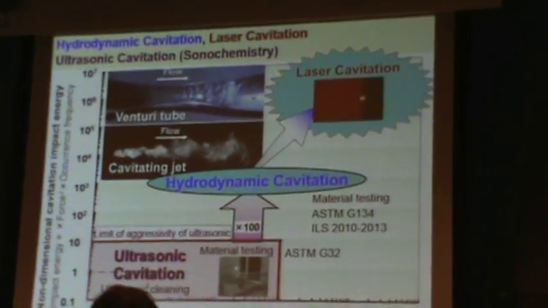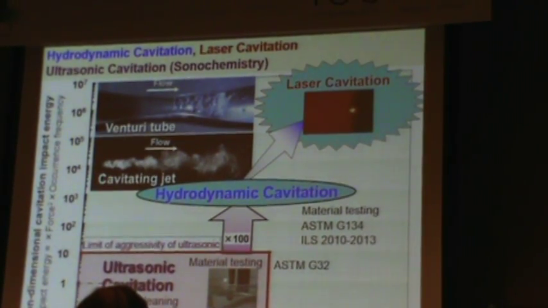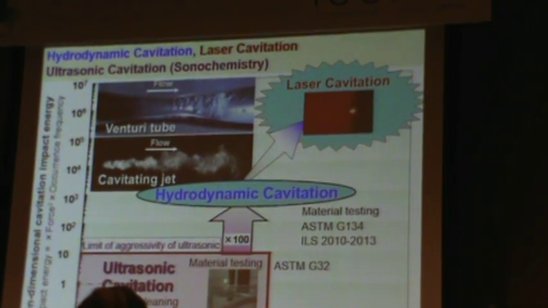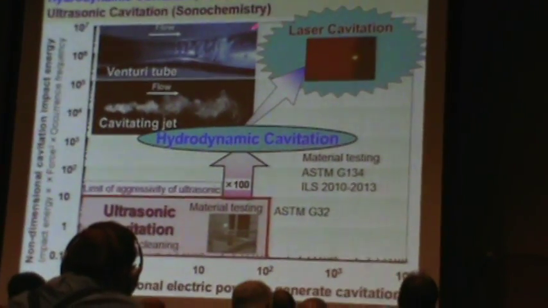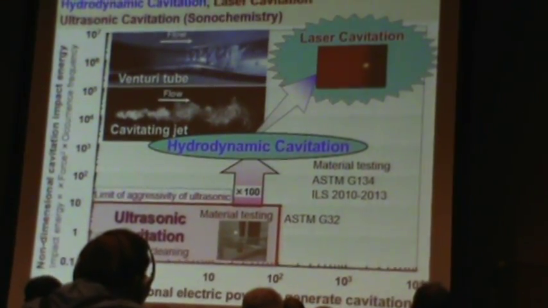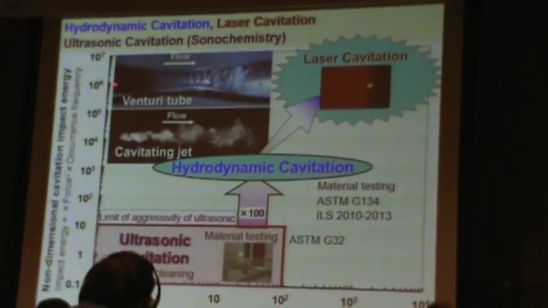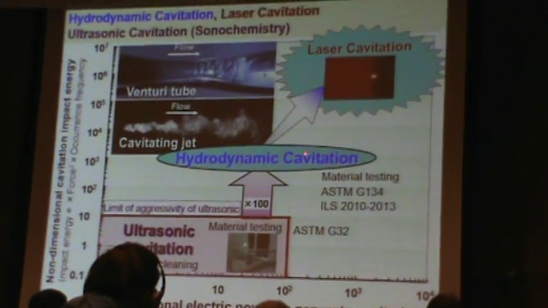In my opinion, regarding ultrasonic cavitation, there are a lot of researchers using it. The vibration causes the cavitation bubbles. Just in my opinion, we can use a more aggressive cavitation using water flow. I call that hydrodynamic cavitation.